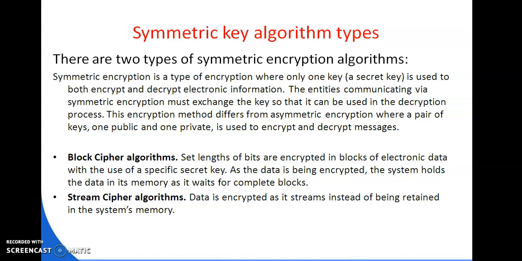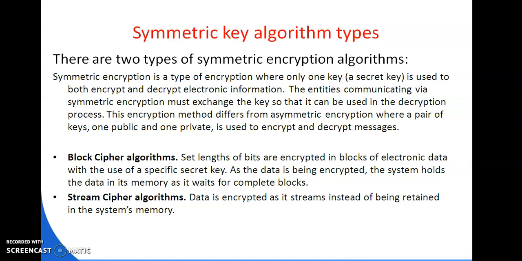So first come to the stream cipher algorithms. In stream cipher, the plain text is encrypted 1 bit at a time, or you can say the stream cipher technique involves the encryption of one plain text bit at a time, and the decryption also happens 1 bit at a time.